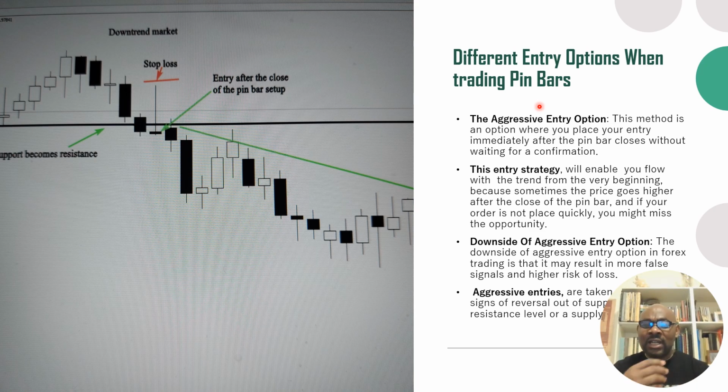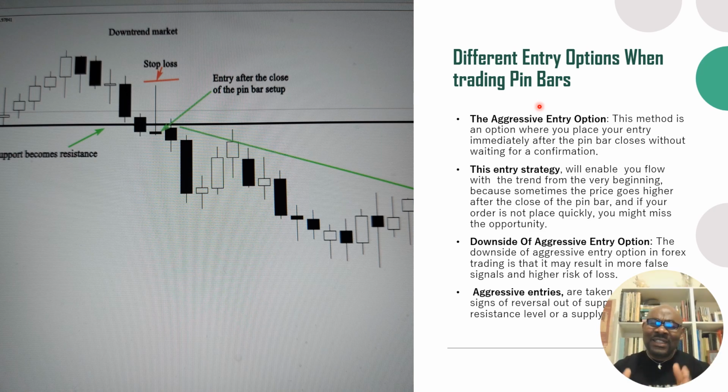When a change of character is about to occur, you see a rejection of price, be it downtrend or uptrend. If a current trend is going uptrend, and you see a pin bar that signifies price rejection from a certain level, watch out for it because the next bar might just be a reversal to the opposite direction.